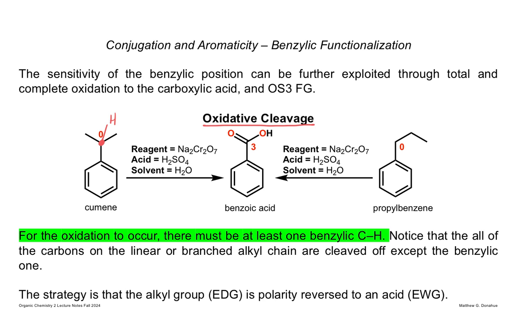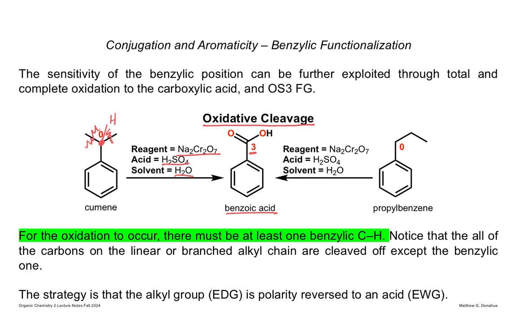One way of cleaving off any other carbon atoms bonded to that position is to use sodium dichromate, sulfuric acid, and water. That increases the oxidation state to 3, forming benzoic acid.